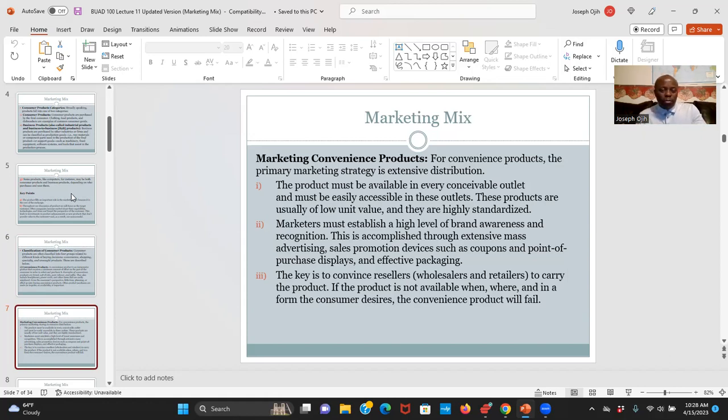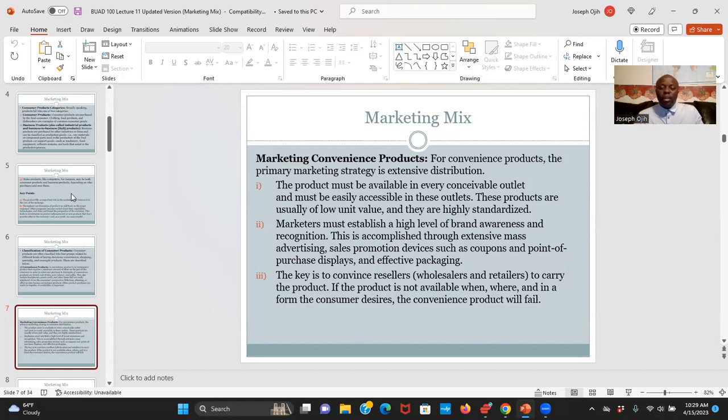Now the key here is for the marketer or the business owner to convince the sellers to carry the products. When I say the sellers, I'm referring to availability of products, I mean the distribution channel. So the key is to convince sellers, the stores and resellers, to carry the products.